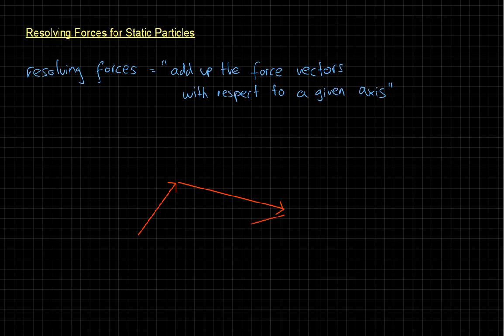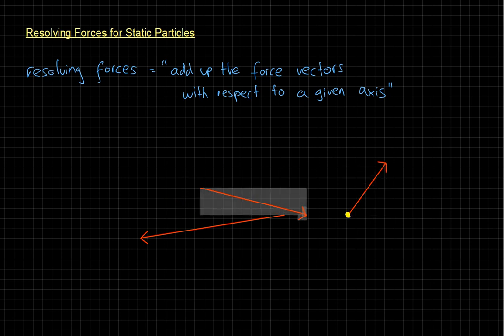Okay, so they're making a triangle. Then I'm going to draw my object, whatever that may be, a little ball. So there's a little ball floating out in space, and it's got these three forces acting on it, acting from the ball itself.